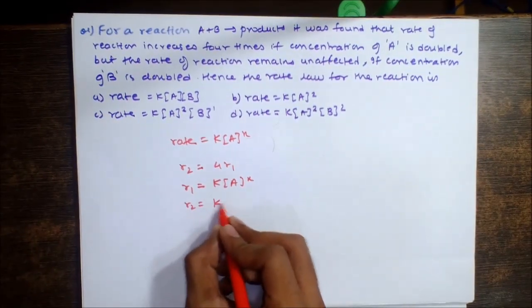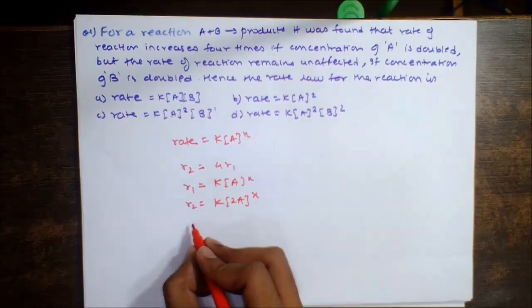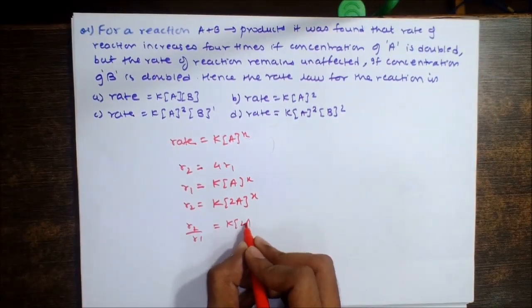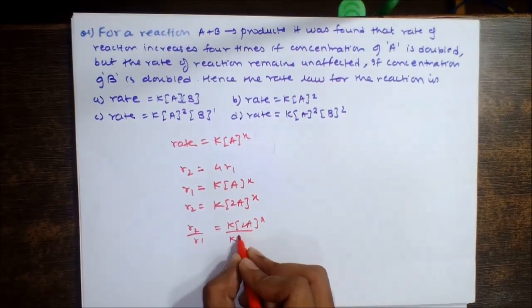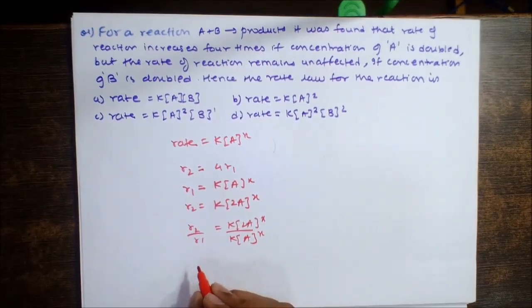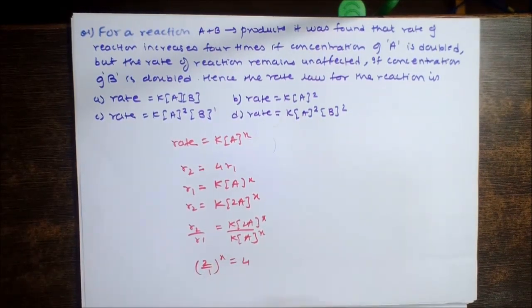R2 will be equal to k[2A]^x. R2 upon R1 will be equal to k(2A)^x upon k(A)^x. Here I will get (2 upon 1) the whole raised to x equals 4. Therefore, x will be equal to 2.